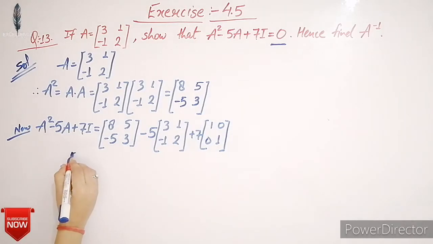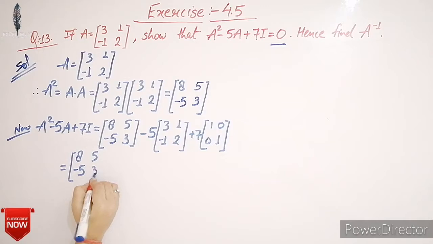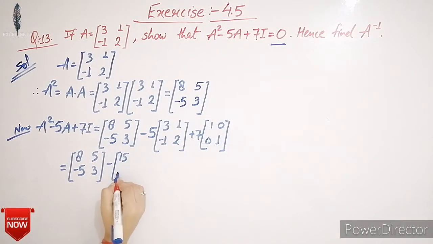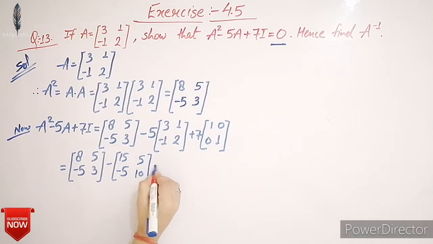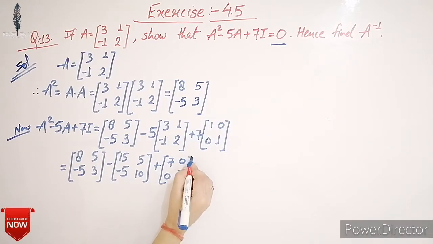That equals [8, -5; 5, 3] minus, on multiplying by 5, [15, -5; 5, 10], plus [7, 0; 0, 7].